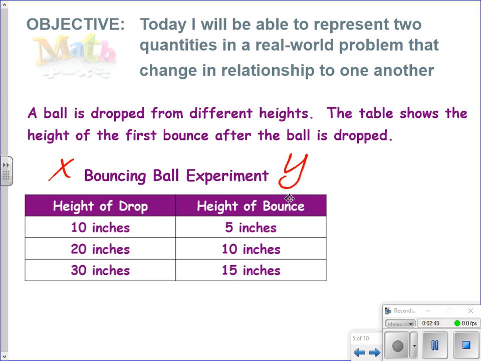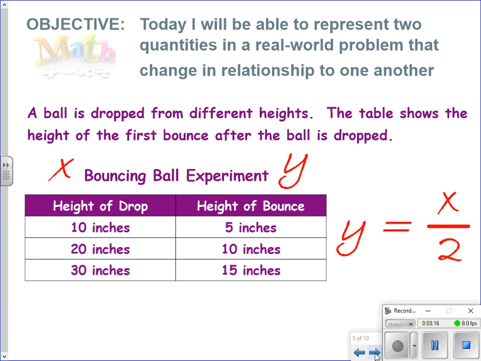If we were to try to calculate the value of the y variable, we could see here that the height of the bounce in each case seems to be half of the height from which the ball was dropped. So we could say that y is half of x.